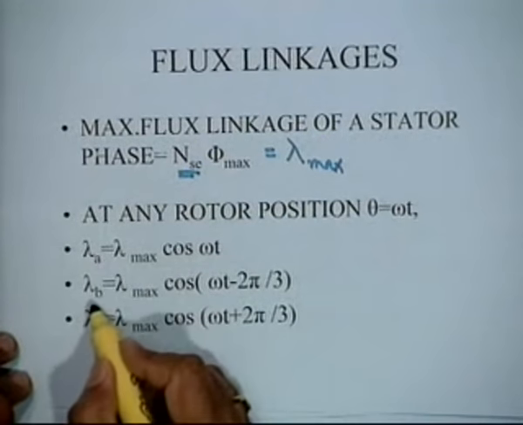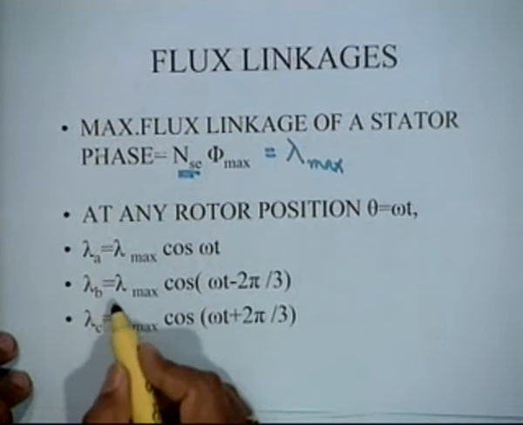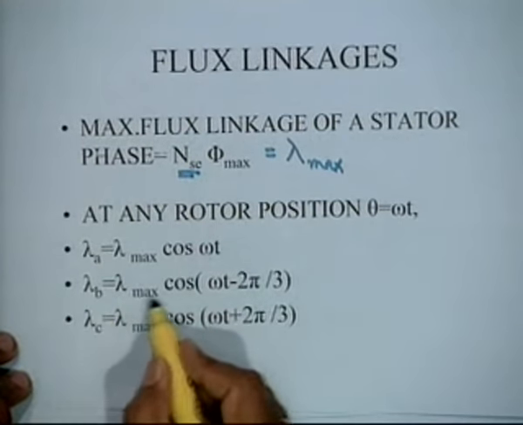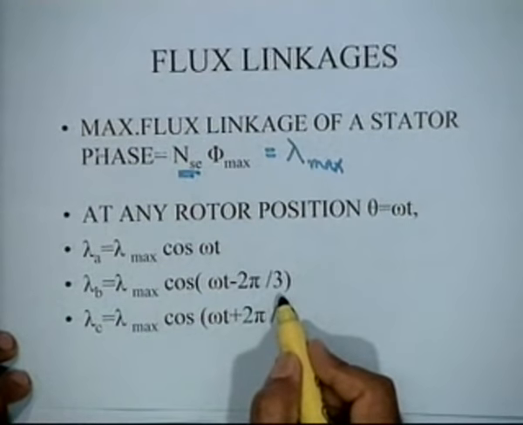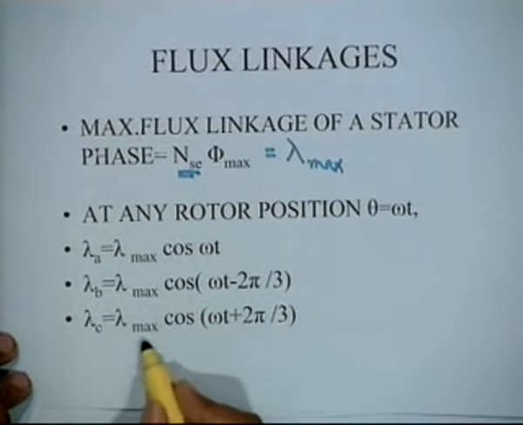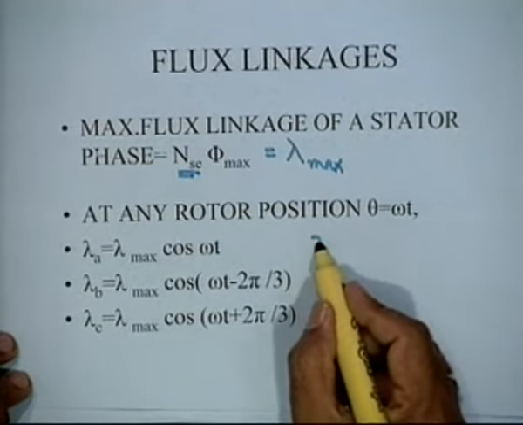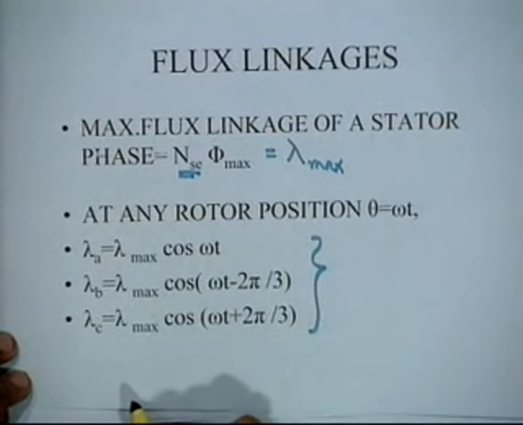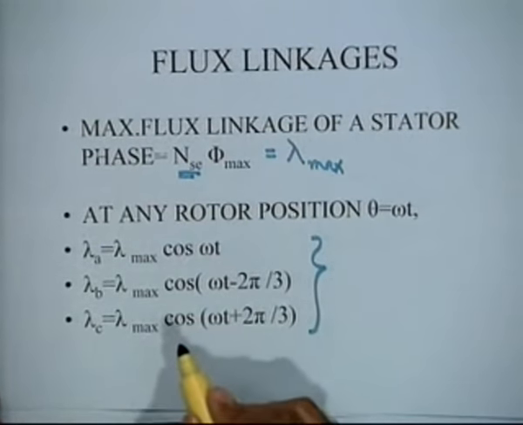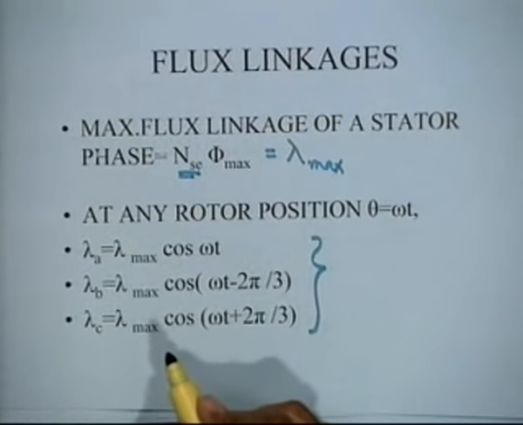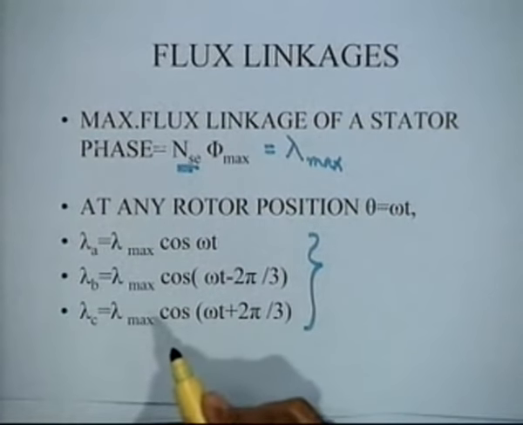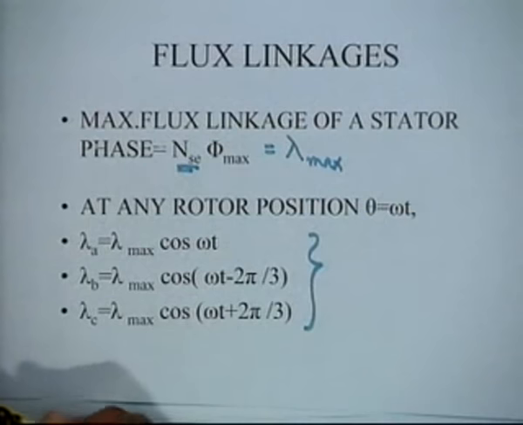Similarly for B phase, it will be lambda max cos(omega t minus 2 pi by 3), and for C phase lambda max cos(omega t plus 2 pi by 3). So these will be the 3 flux linkages at any instant of time. That means at any instant of time the 3 coils will not be linking the same flux.